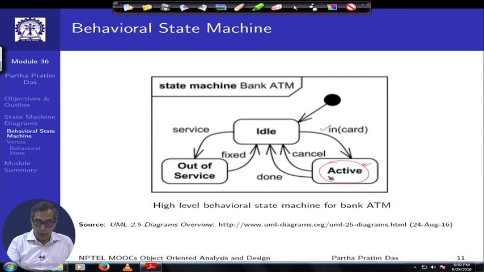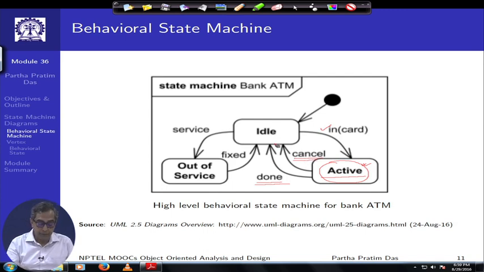And when all that is done, then it will come back to the idle state, or it could be that halfway either the card is not accepted or the pin was wrong, or the user decides to abort the transaction, then it could be cancelled and it will again come back to the idle state.